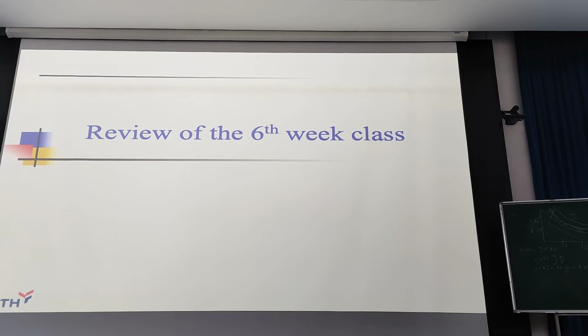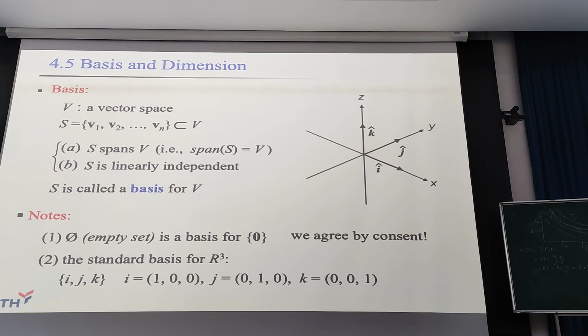Anyway, here is what we studied last week. Yesterday when I made that slide, I realized that last week we studied very little. We studied the basis of a vector space.